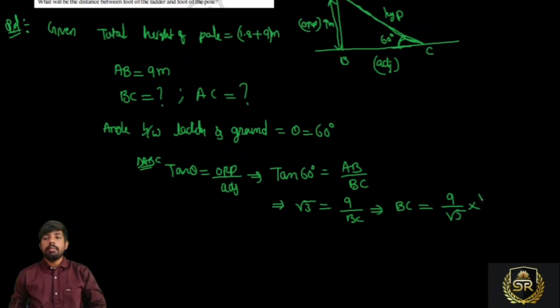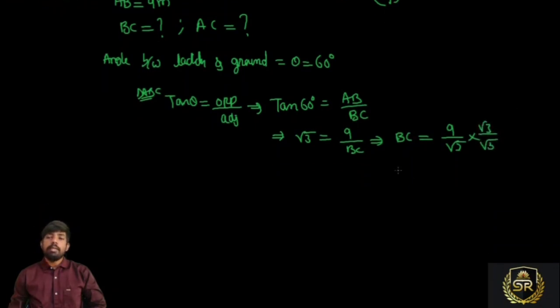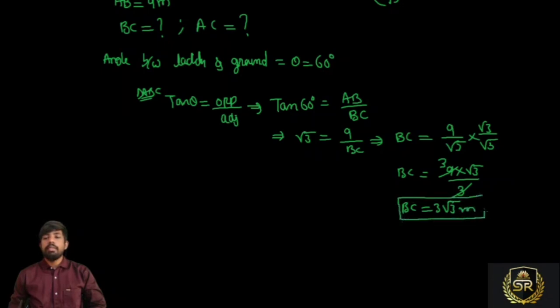Multiply and divide by root 3. BC is equal to 9 into root 3 by root 3 into root 3, whole square. The square root cancels with 3, so 3 3s are 9. So BC is equal to 3 root 3 meters.